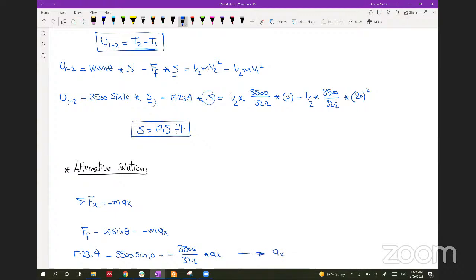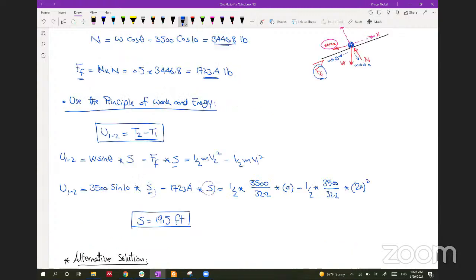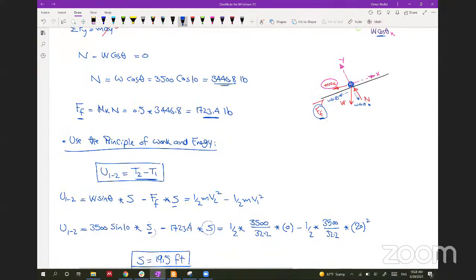Then you can get Ax, and when you get it, it will be negative 10.3 feet per second square. That means that the acceleration is in the negative direction than the assumed one. So it should be this way. Which is rational because the car is decelerating and the acceleration is negative and not positive.